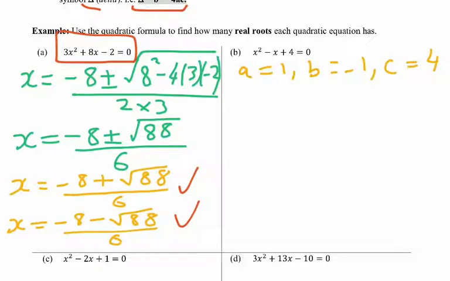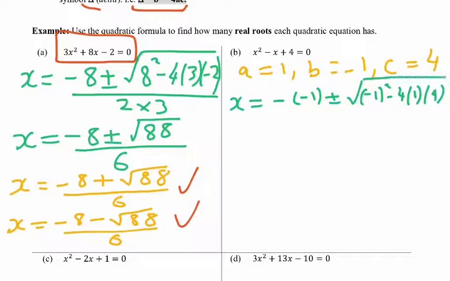So, putting that into the quadratic formula, we get x equals minus b, which is minus 1, plus or minus the square root of b squared, minus 1 squared, minus 4 brackets a, which is 1, brackets c, which is 4, all divided by 2 times 1.